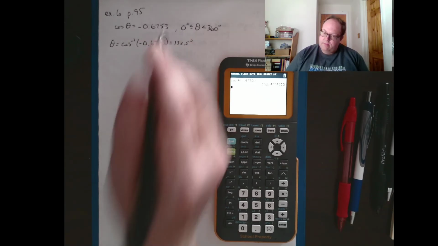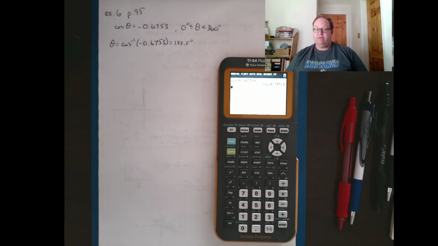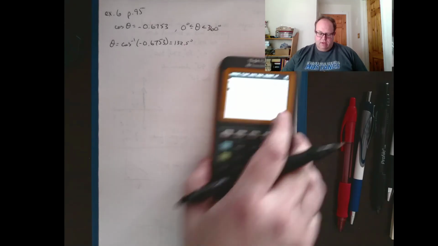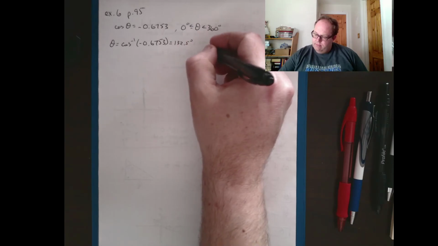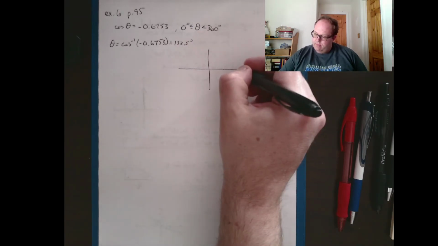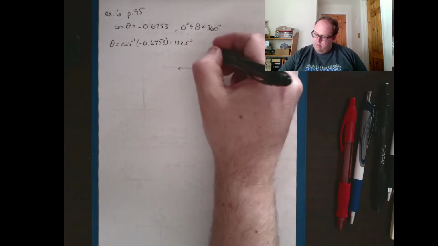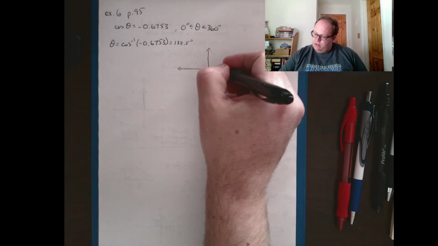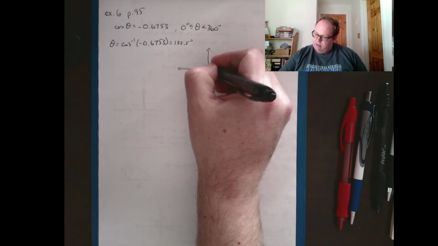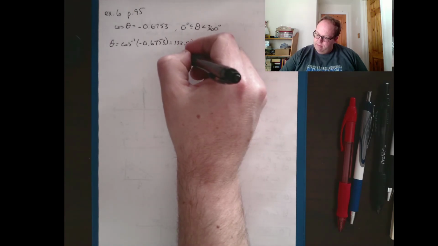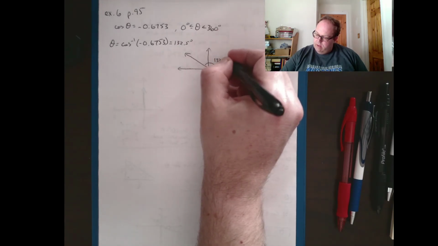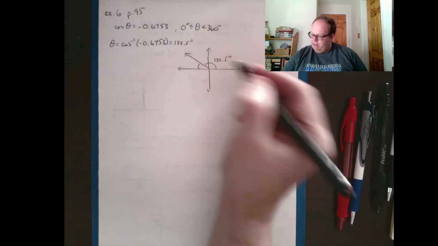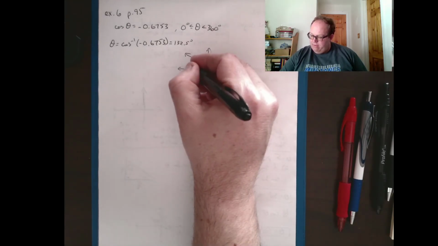But your calculator is only giving you one possibility, so it is worth thinking about how these things work in our different quadrants. 132.5 degrees is going to be somewhere up here, with a reference angle of 47.5 degrees.